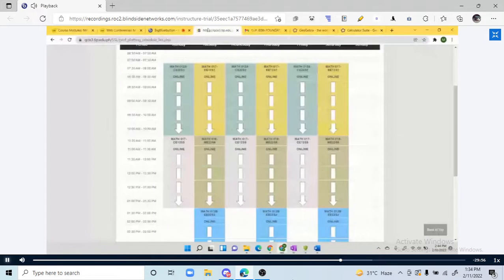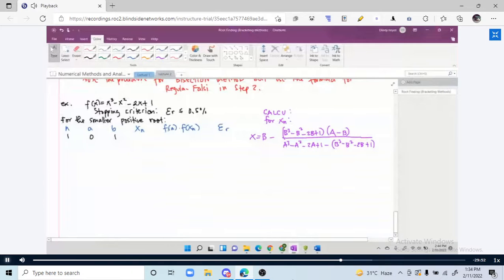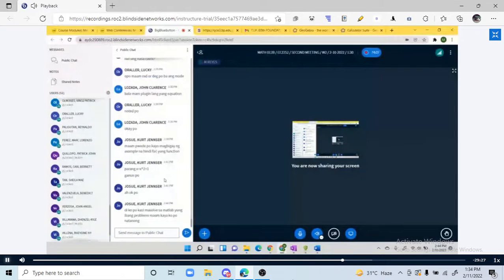Nakuha mo, iho? That's just for notation lang, para you know that I am talking about the product of the values of the function at x equals a and at x equals x sub n. But you're actually finding the root or the zeros of the function, the root of the equation, and you can only do that by equating f to 0. So, mawawala yung f of x na ayaw mo dun.